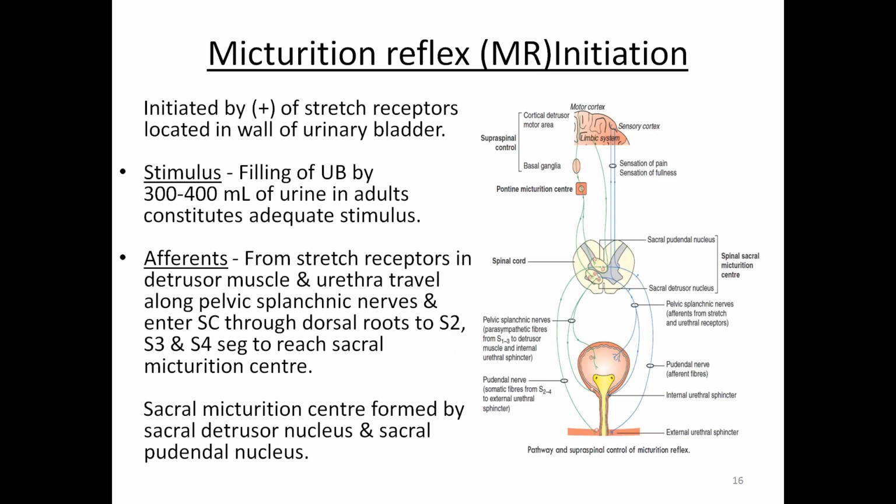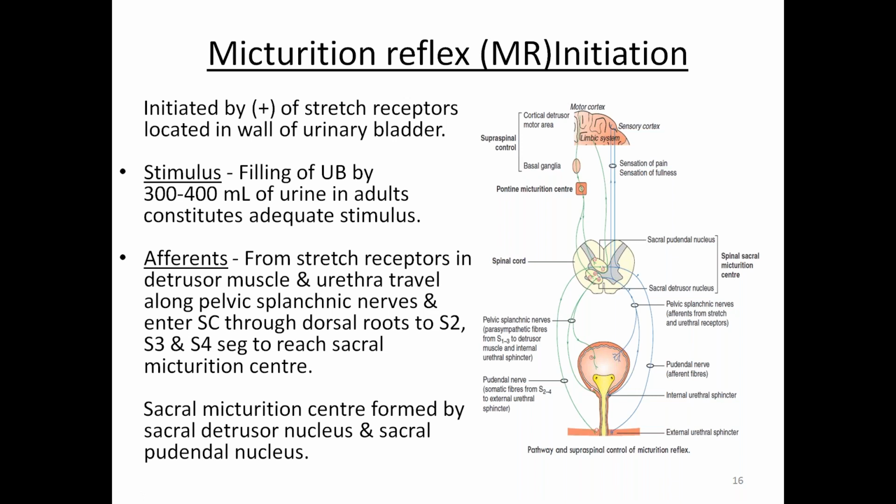So let's talk about the micturition reflex. Again, very important. The micturition reflex, as I said, is initiated by stimulation of the stretch receptors located in the wall of the bladder. So here in the wall you have the stretch receptors, and they are the ones that initiate the micturition reflex. What is the stimulus for this initiation?